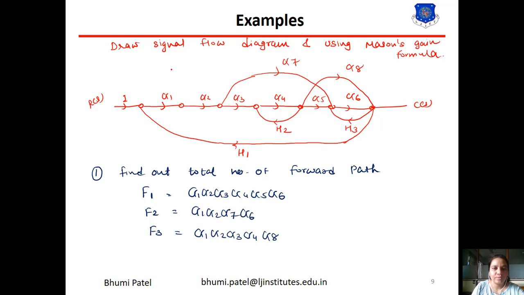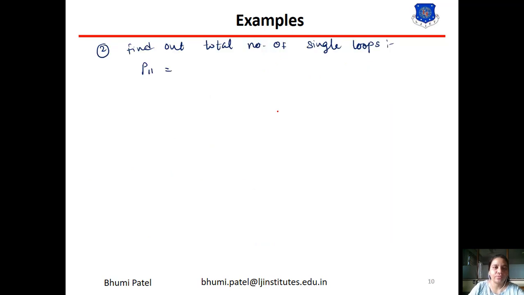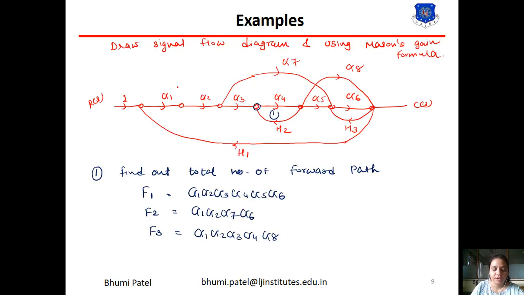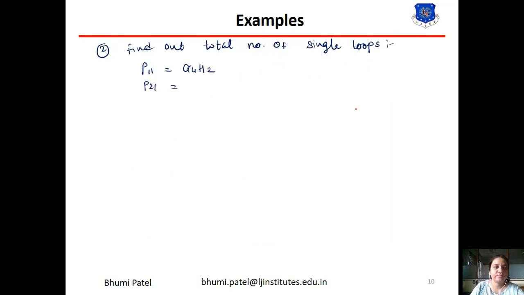The first loop starts from the first node and ends with this node. So this is the first loop, G4 H2. The second loop, here you can see, is G6 and H3. So this is our second loop.